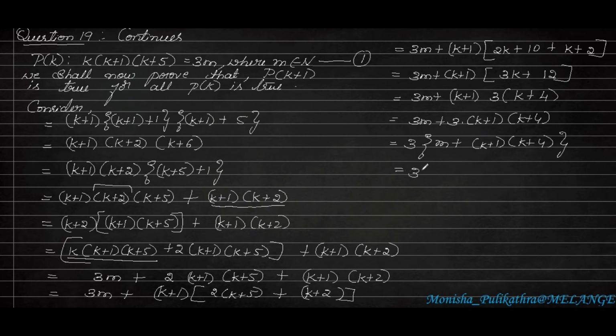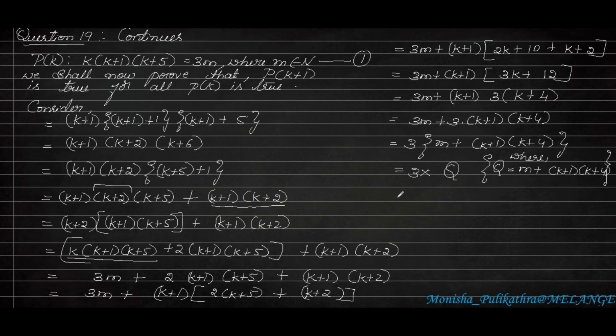Let us take it as 3 into q. Since this whole term m plus k plus 1 into k plus 4 will become q, we can take 3 into q, where q is equal to m plus k plus 1 into k plus 4.